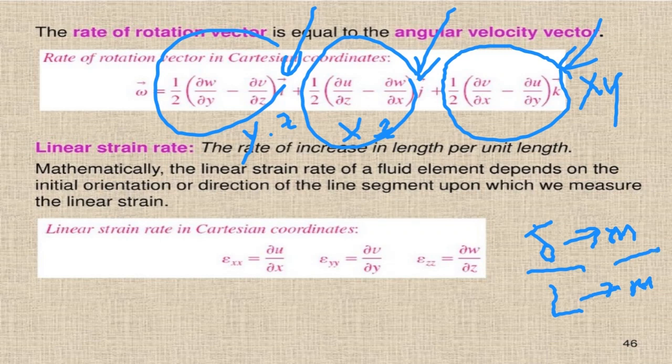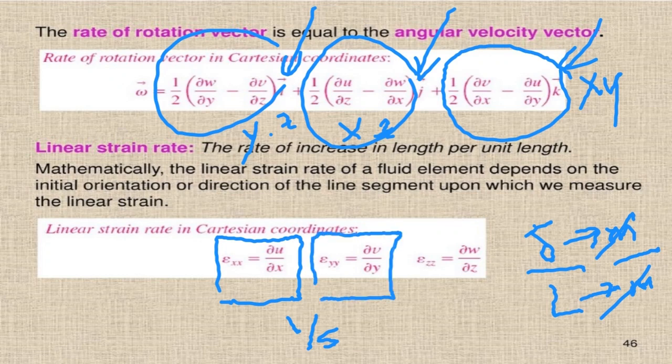But if you consider it per unit time, then you get the linear strain rate in x direction to be du over dx, because it has the units of 1 over second. This cancels that. And the linear strain rate in y direction is this. Similarly, linear strain rate in z direction is that.